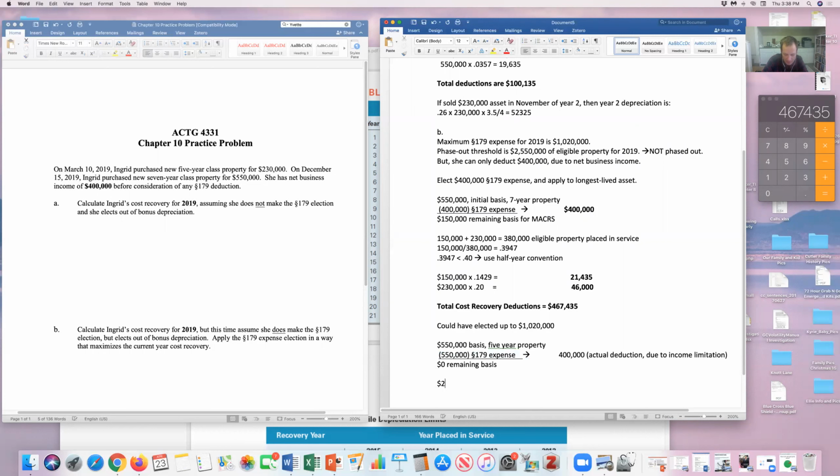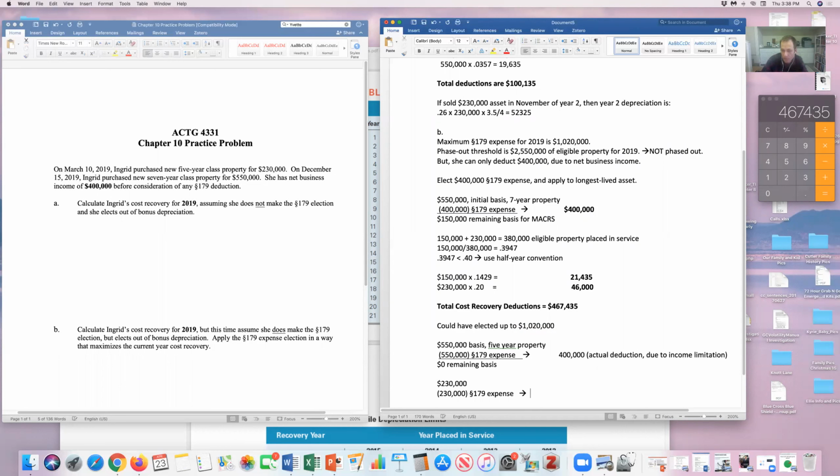On the second asset, she still hasn't used up to the maximum yearly for 2019, 1,020,000. So she could also elect 230,000 of 179 expense on that asset.